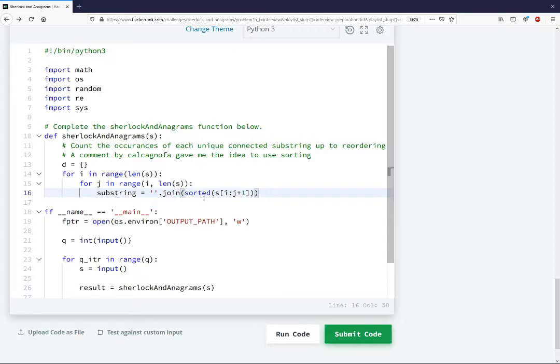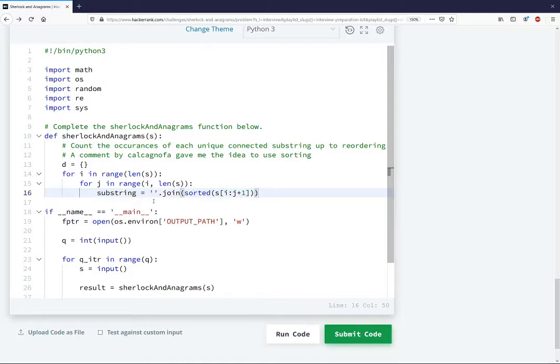So to convert this array of sorted letters into a single string, we take an empty string and then we join all of these individual letters to it. And what happens when we do this is that it gives us a string at the end.